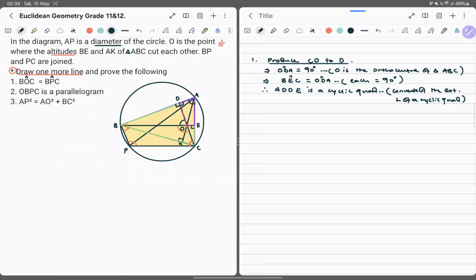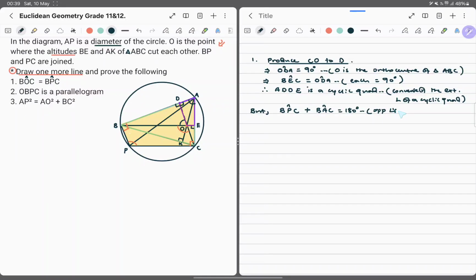Okay, so what are we going to say? We will say however, or perhaps let's just say but. We know that BPC plus angle BAC should give us 180 degrees.